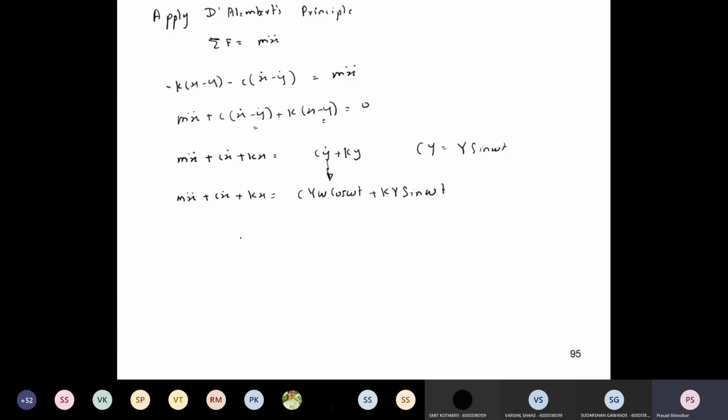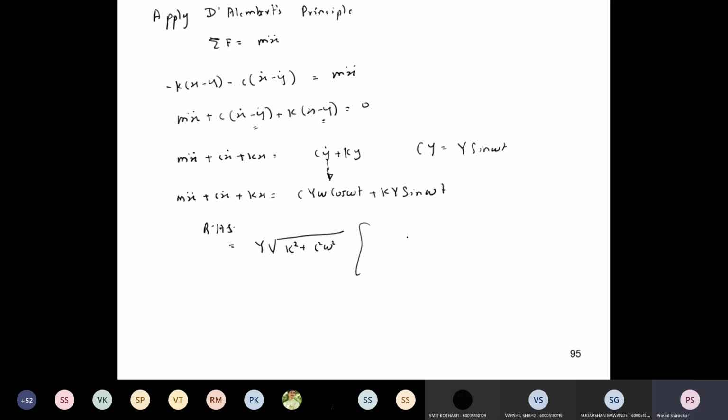Alright. Now I am just going to make some arrangements on the right hand side. This is equal to Y, and I am going to divide and multiply by the term square root of k square plus c square omega square.